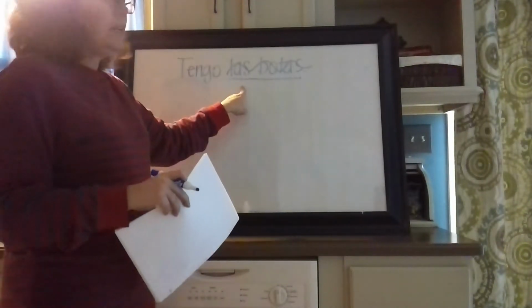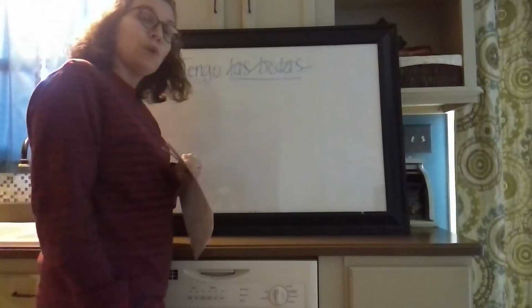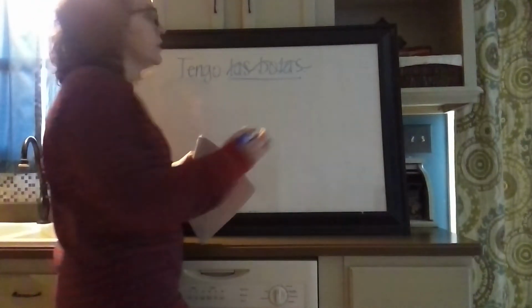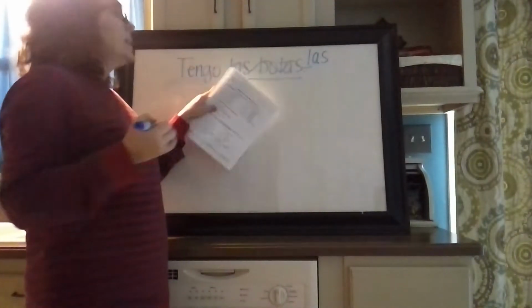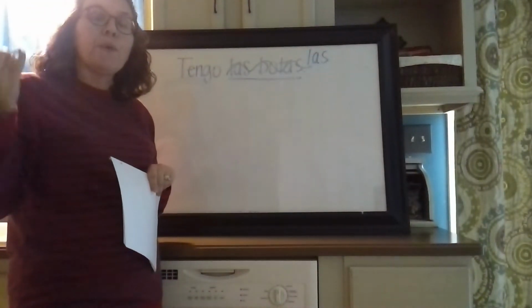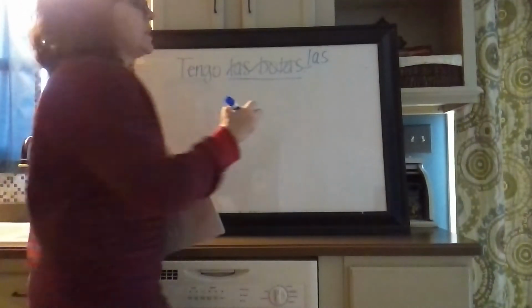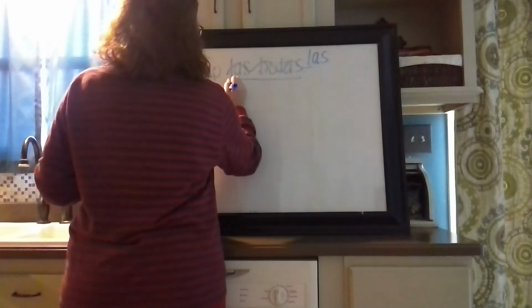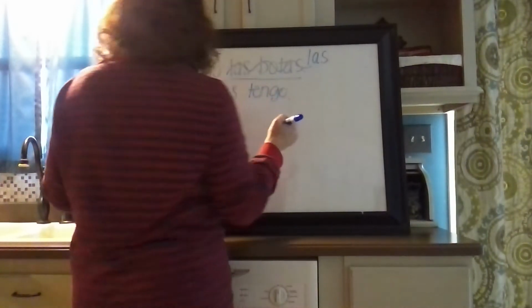So I'm going to get rid of it. So visually, I know it's not there anymore. And I'm going to replace las botas with, of course, las. And I see that this is conjugated. So my rule says before the conjugated. So rewriting tengo las botas becomes las tengo.